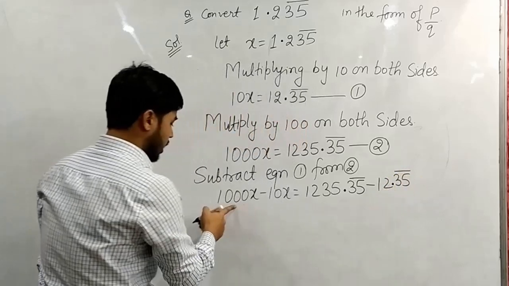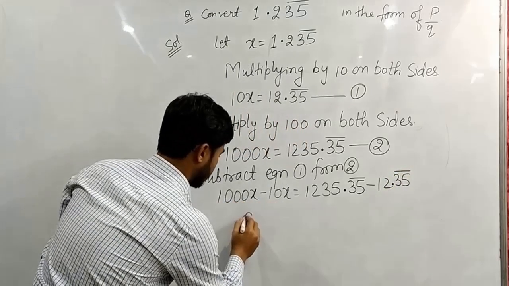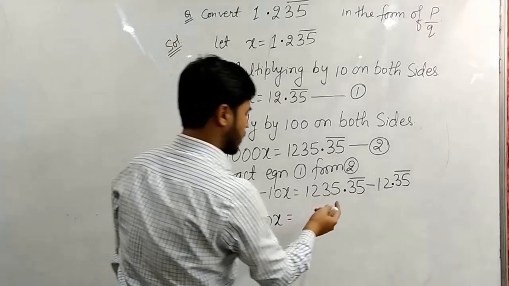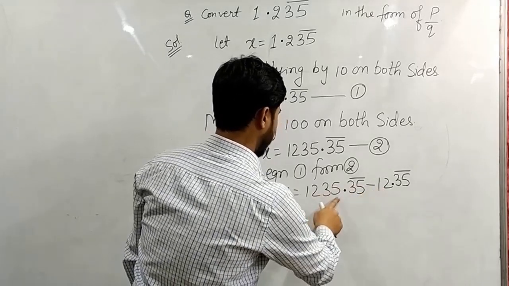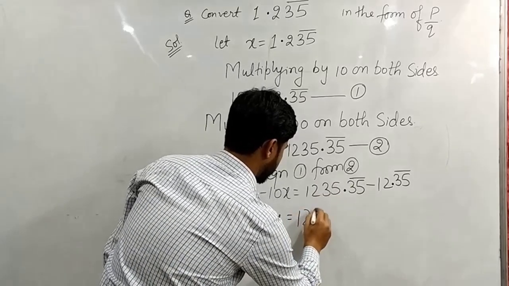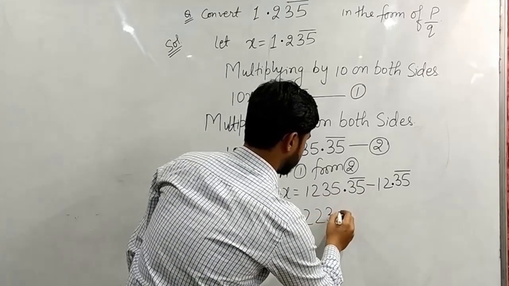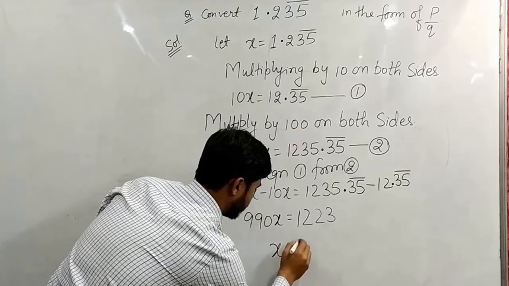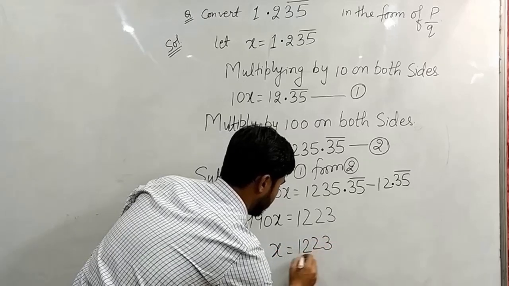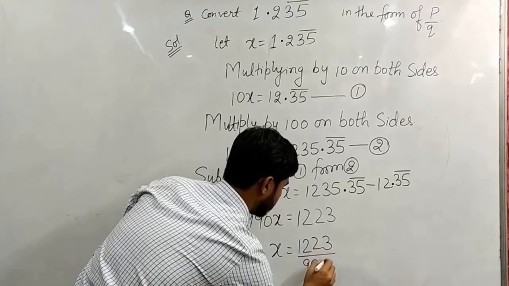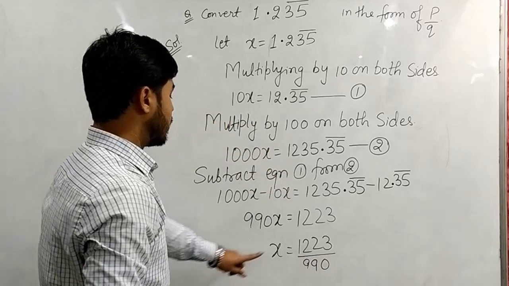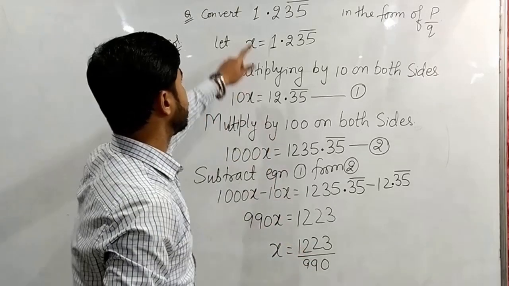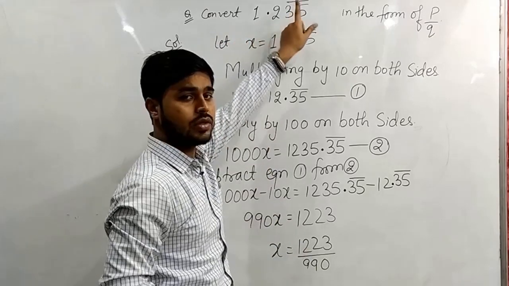Now 1000x minus 10x is 990x, and on this side if I subtract 12 from 1235 it is 1223.0. I'm not writing that, so x will be equal to 1223 upon 990. So 1223 upon 990 is the p by q equivalent of 1.235 with the bar on 35.